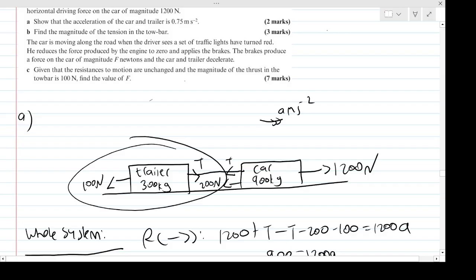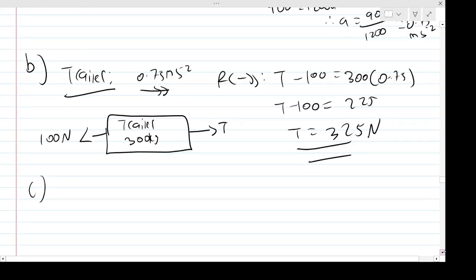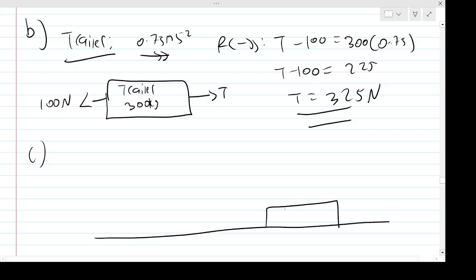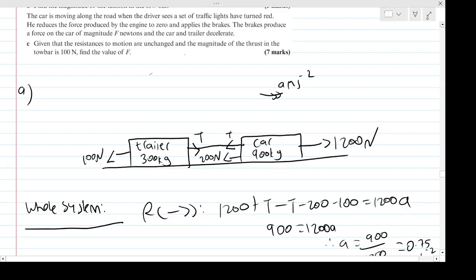So if I just draw what's happening here then, it's a very slightly different scenario. We've got the road, we have our car, which is 900 kilograms. We have the trailer of 300 kilograms. And here, what we're told is there's no driving force.